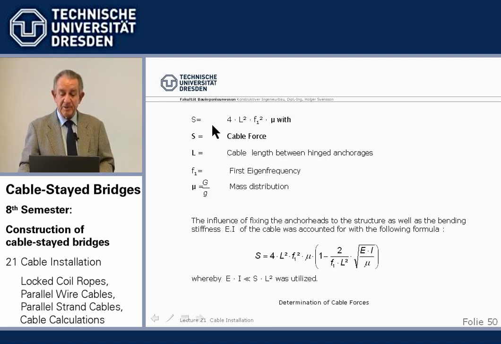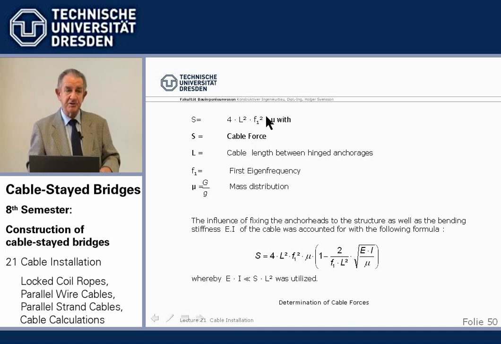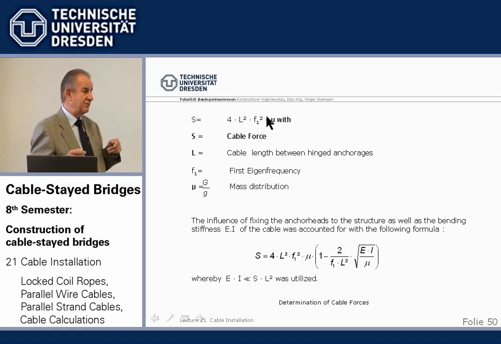Now again, the basic formula is the cable force depends on the square of the cable length, the square of the first eigenfrequency, and the specific weight of the cable. Now, how to measure the eigenfrequency of a cable? That's very simple. I've done it personally quite often.